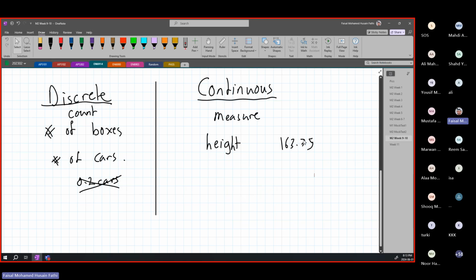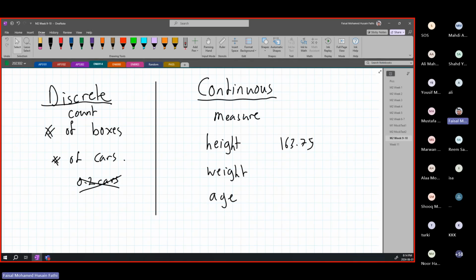There is surely going to be a rounding error because the height exactly, there are going to be millimeters that you're off with or something like that. So this is the type of data that is continuous, or weight, for example, all right, or even age. When you say I am 20 years old, it's not exactly 20 years. Every second your age is technically changing. So this is what is known as continuous data.